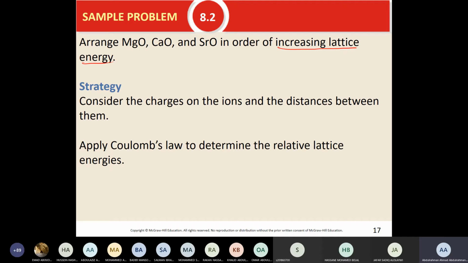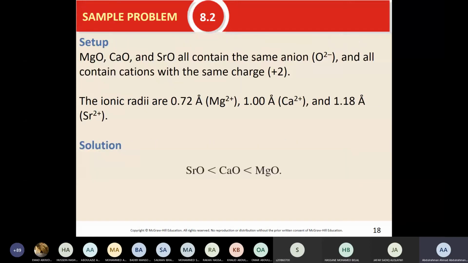MgO is the highest, greater than CaO, then CaO greater than SrO. Excellent. Is this clear? Yes, absolutely right. And this is the way, because the size makes the difference.